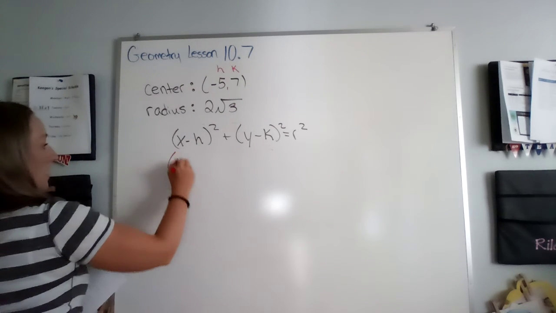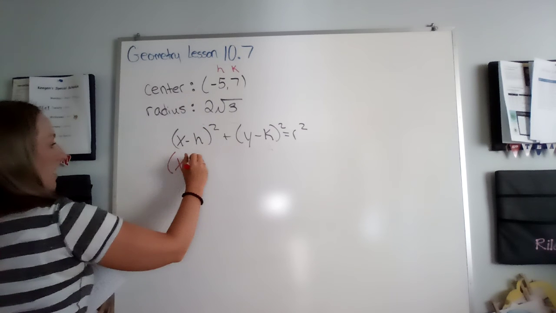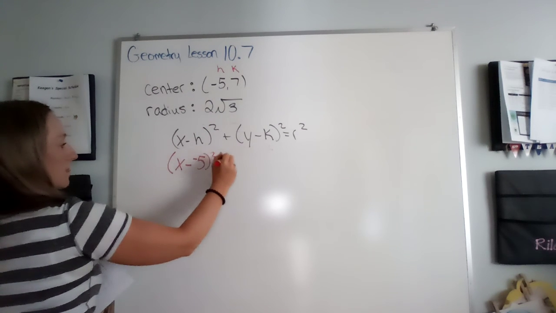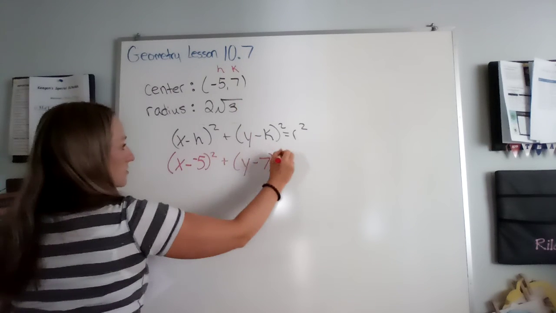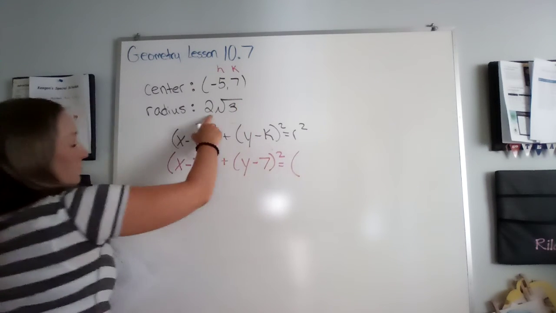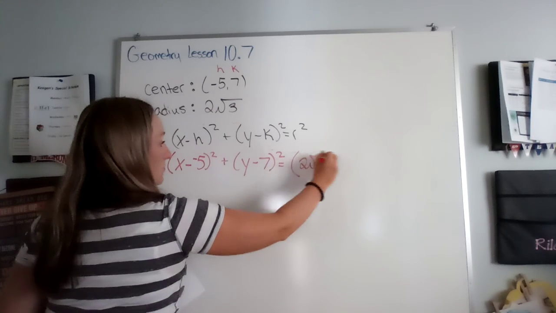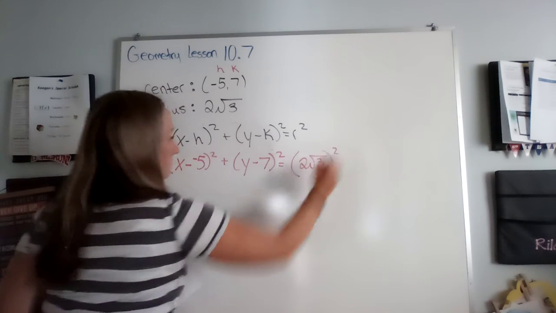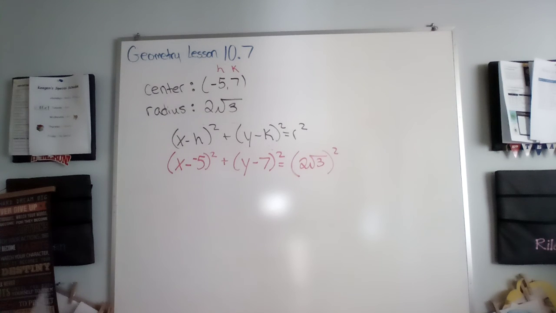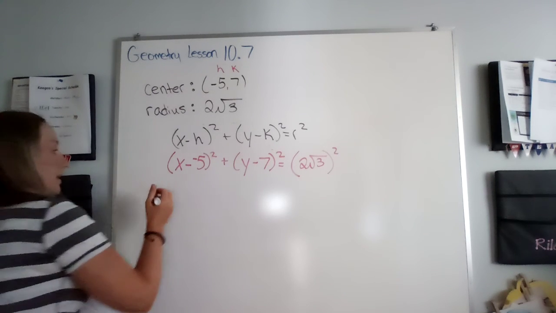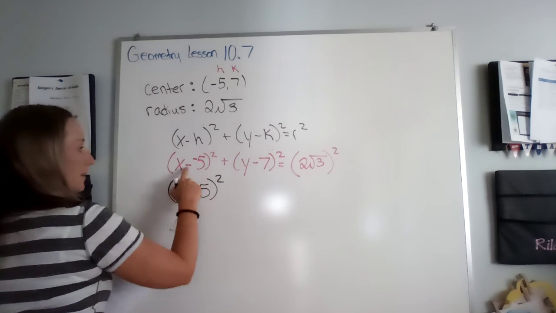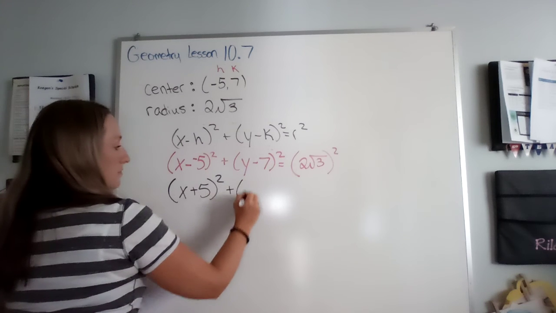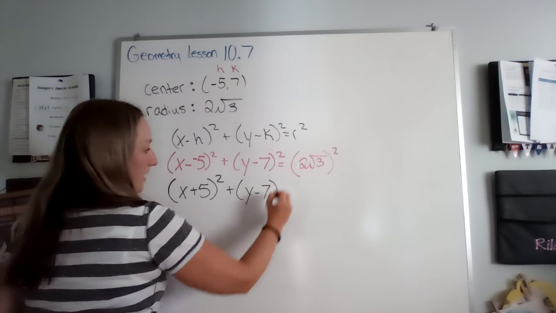So it becomes (x - (-5))² + (y - 7)² = (2√3)², with the radius in parentheses. So I just want to clean up the signs, any double signs, and square that radius. All right, so it becomes (x + 5)² + (y - 7)².